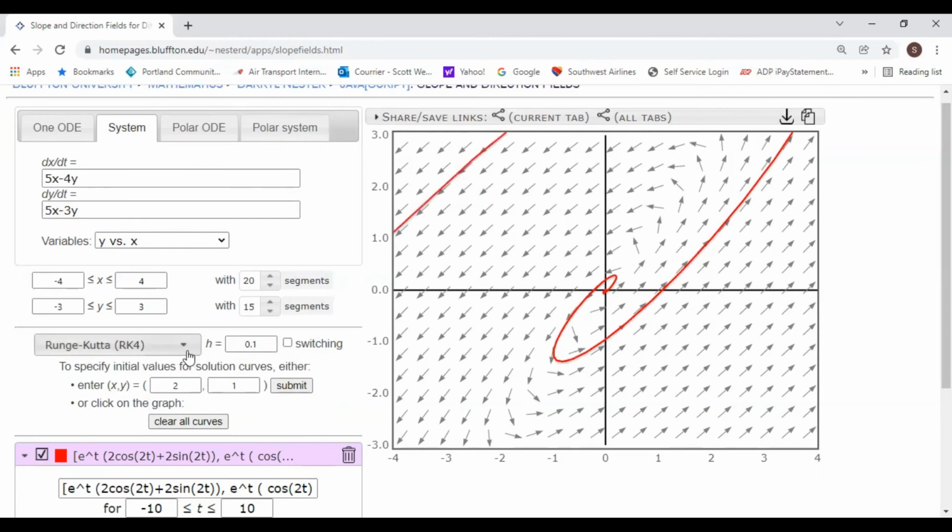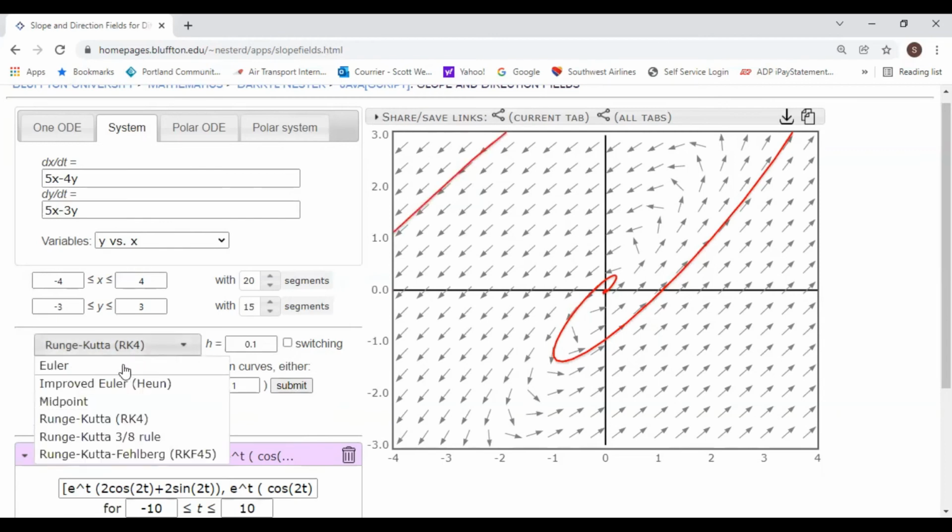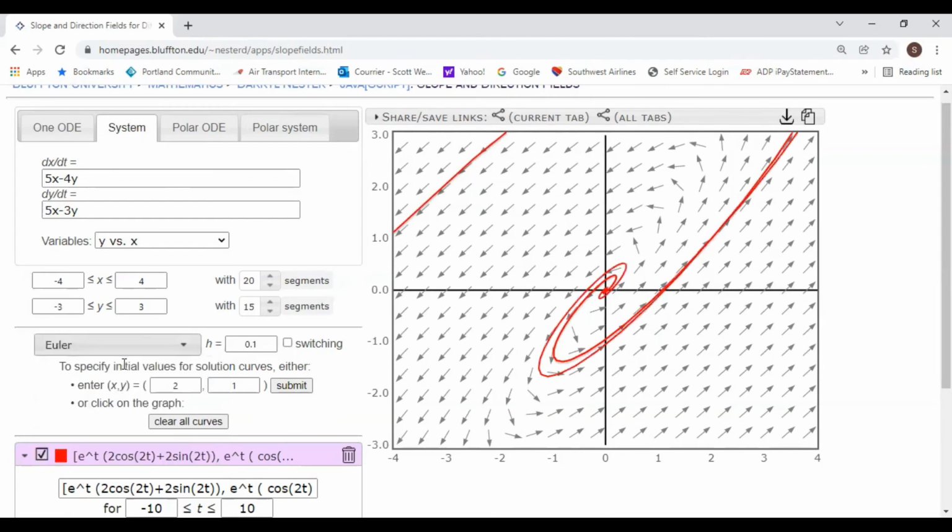Now, just as a note, if you go around changing this to something like Euler, then you can see that the solution curves start to diverge from each other, rather dramatically around this part here. That's just a fact. When you use Euler, it starts to fall behind when you have the abrupt changes in slope that you see right here.